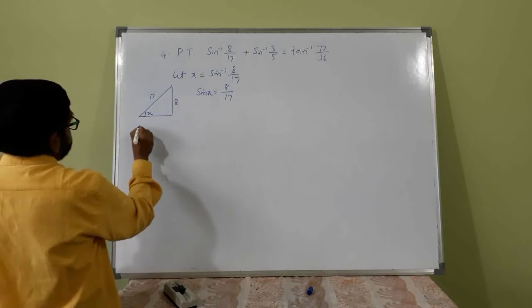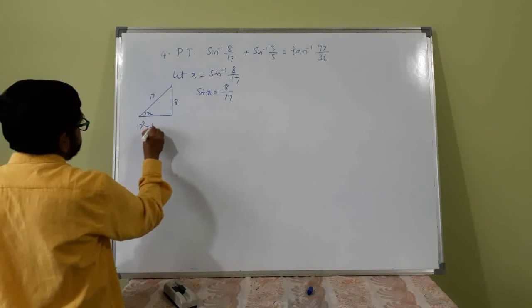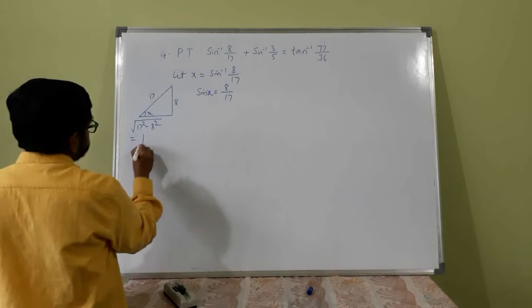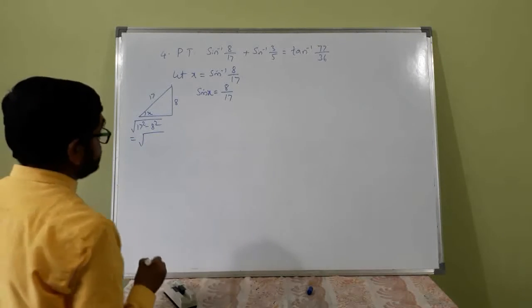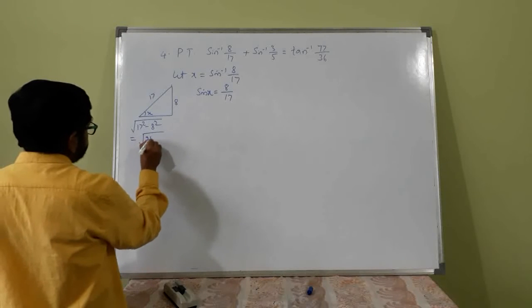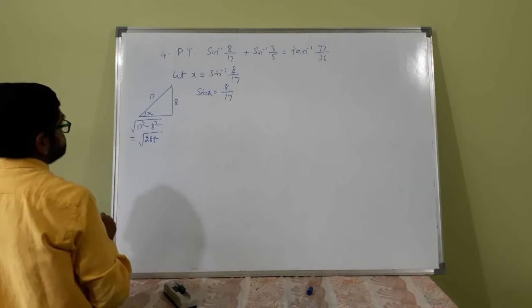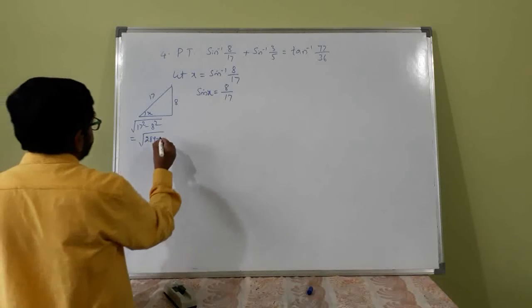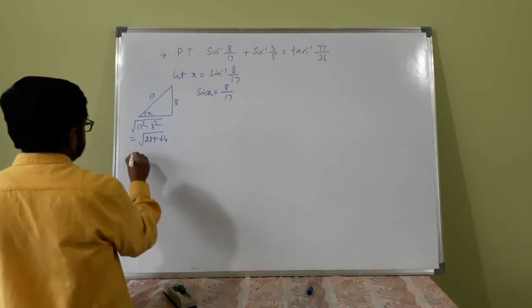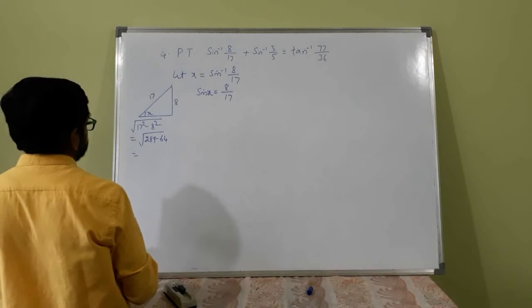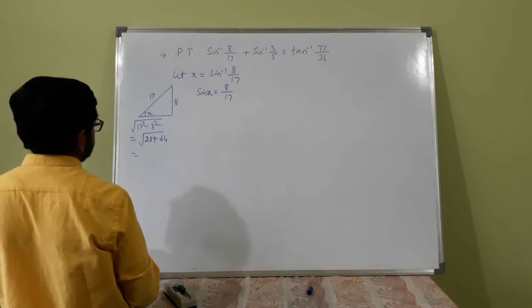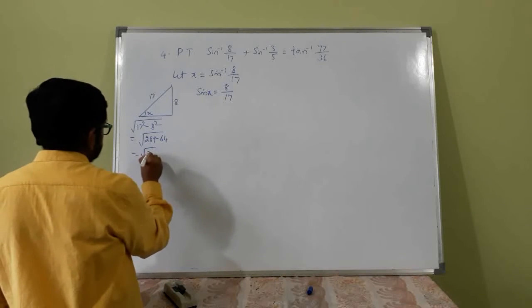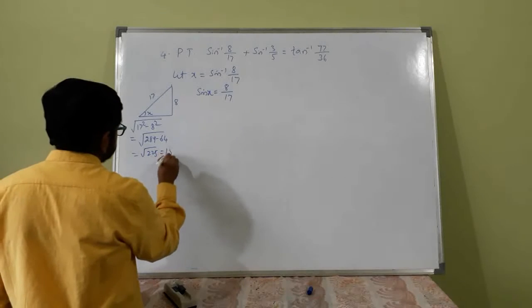See, 17 square minus 8 square under root, isn't it? That is 289 minus 64 is equal to 225, root 225, that is 15.